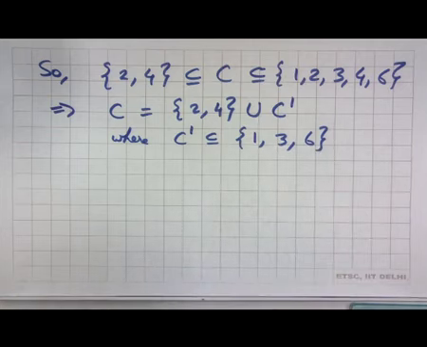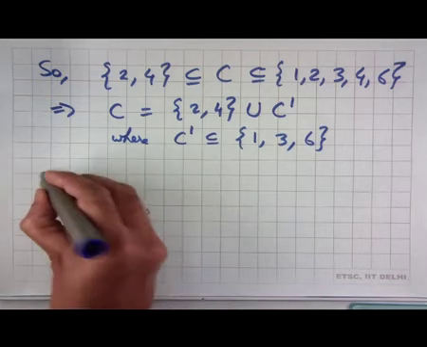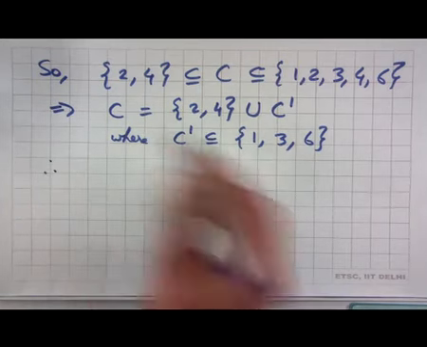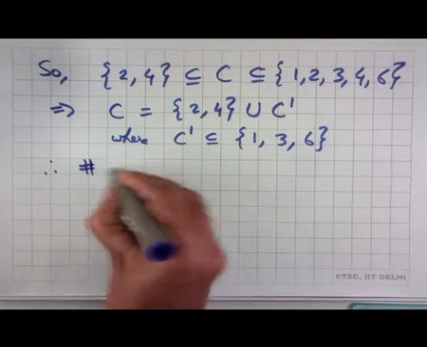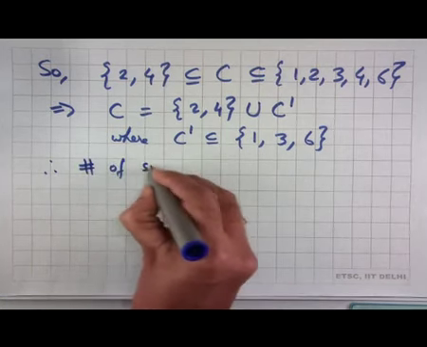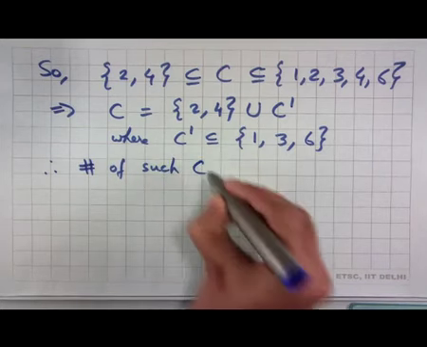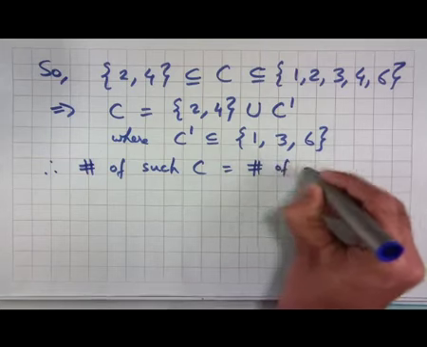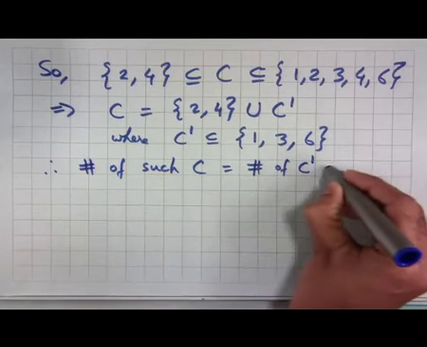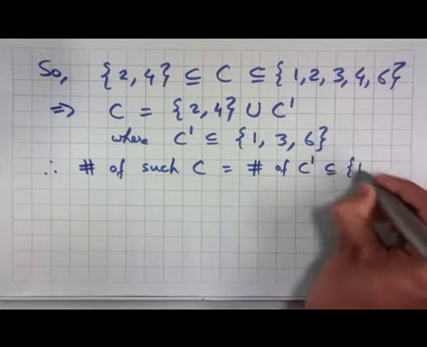So, therefore, the number of such C is equal to the number of C prime which is a subset of {1, 3, 6}.